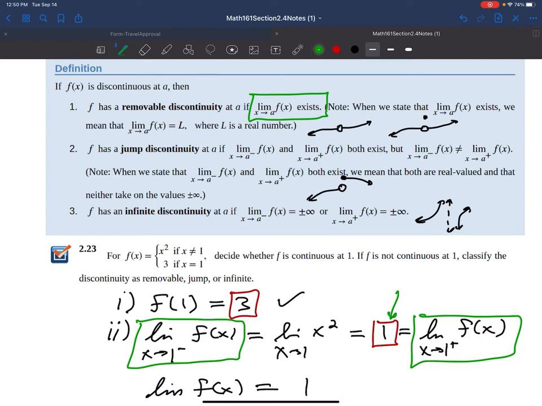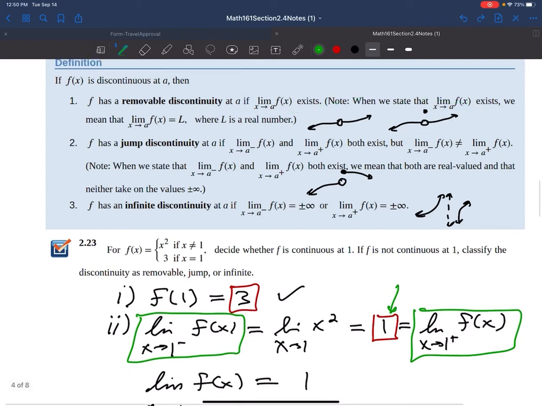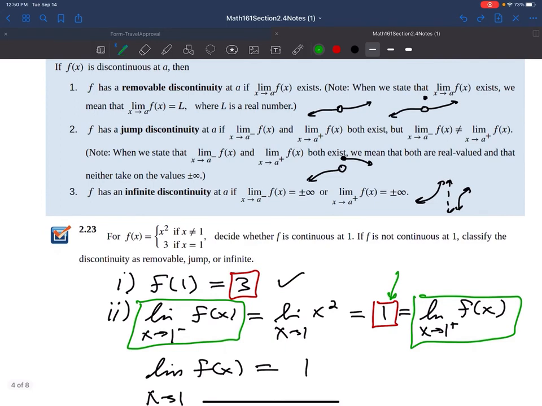So once we determine that it's discontinuous and we discover that criteria 2 is met, that the limit exists, then we probably have one of these two pictures when we graph it. That means we have either a hole or a hole with a definition of the function above or below. So this is a removable discontinuity because the limit exists.